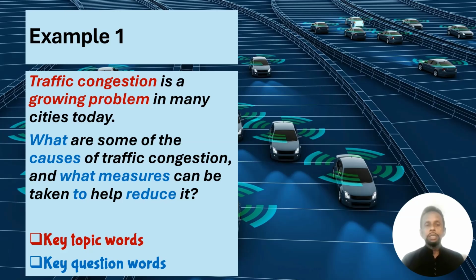Then in the next part, what are some of the causes of traffic congestion and what measures can be taken to help reduce it? Now those important words are in blue and they are the key question words. So these are the words that you need to pay attention to when you are describing what you are going to do in this particular essay.